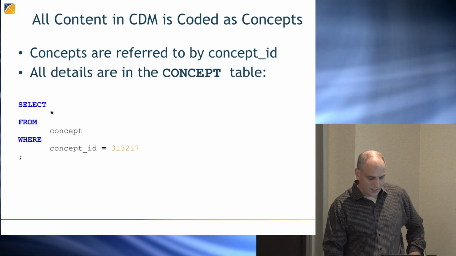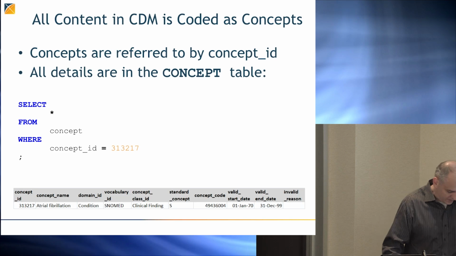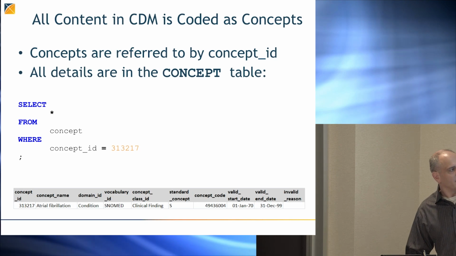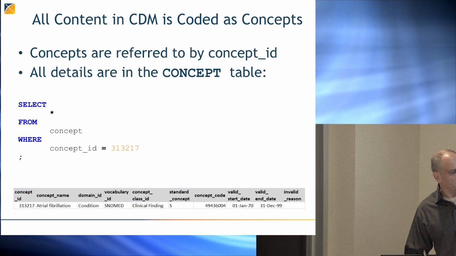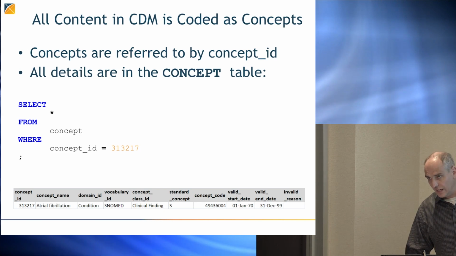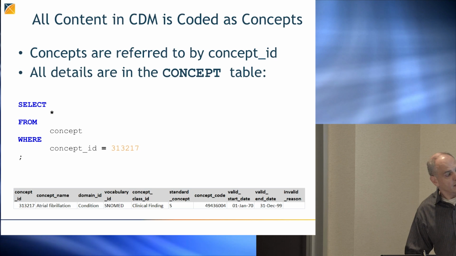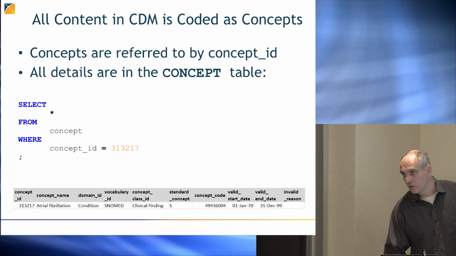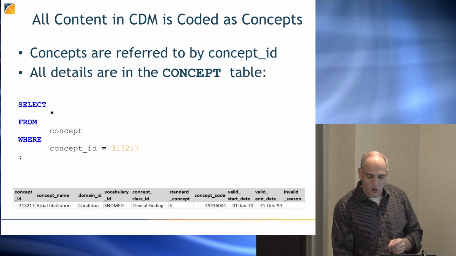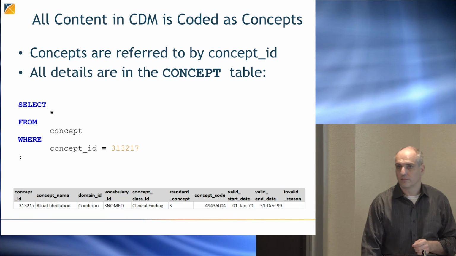In the main table where all the clinical information of the patient is, there is no verbatim. You will never find the word myocardial anywhere in here. This is all coded up. So everything is through the reference table, and the reference table is called concept.